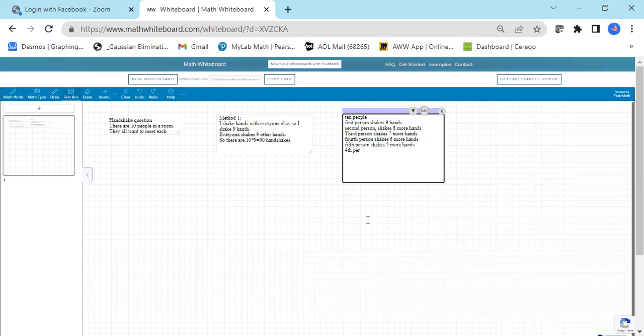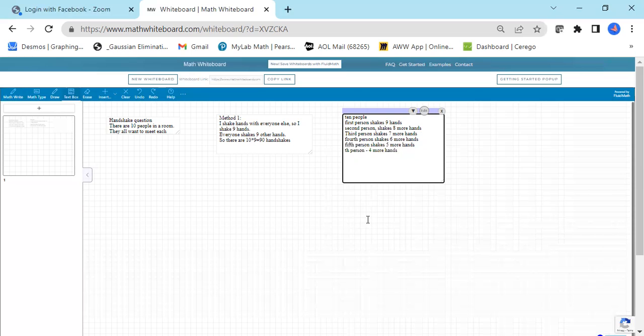Let's see, we've already shaken 4 hands. The 5th person. What am I doing? That should be the 6th person. 1st, 2nd, 3rd, 4th, 5th.